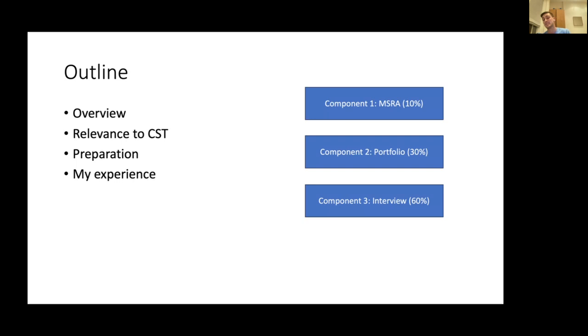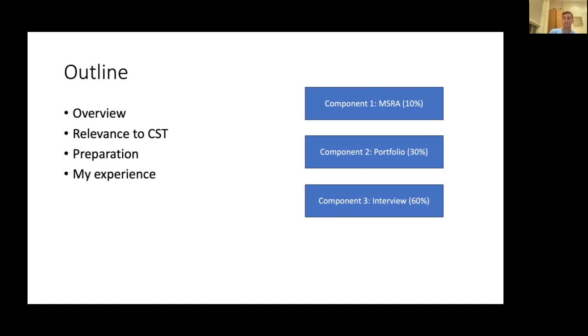Once you've passed the MSRA, had your interview, and had your portfolio validated, you get a composite score, which is basically 10% MSRA, 30% portfolio, and 60% interview. They compute it all together, give you a number, and rank you against all the other candidates. That is the rough summary.